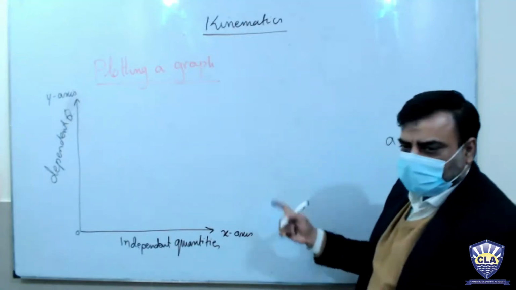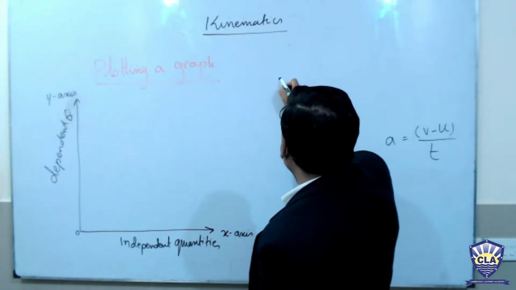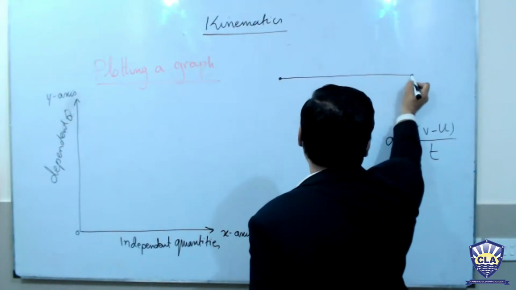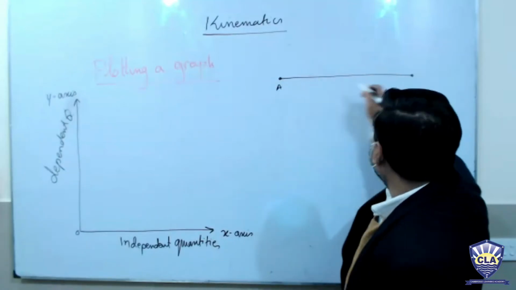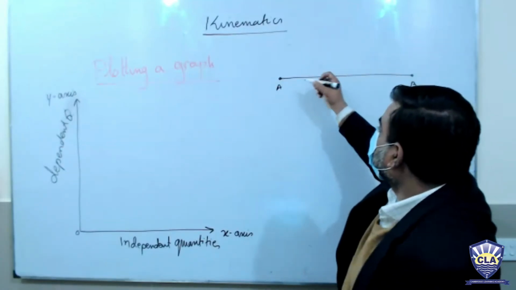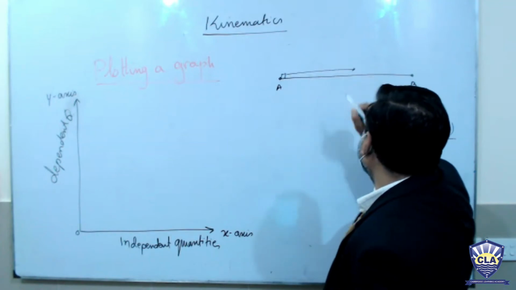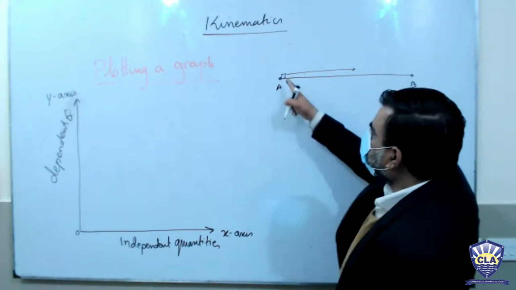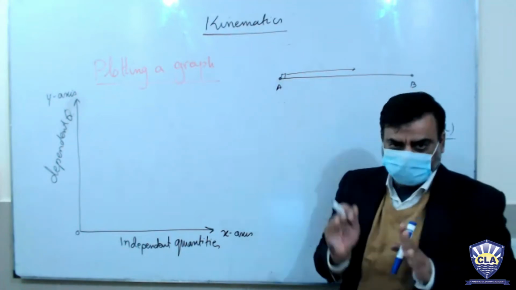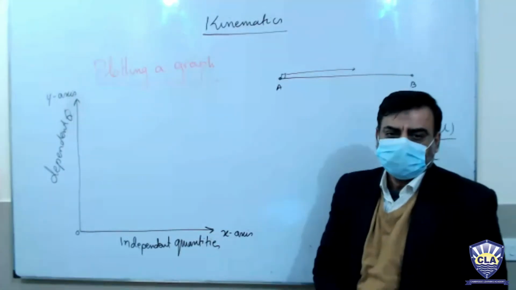Now, my question is, we have to make the graph of this car. I'm not drawing the car because I make a very weird sort of diagram. Let's suppose we have 2 points, A and B. The car is going to start from this point and will move in this direction to reach B, right? The car was at rest. It just started from rest.